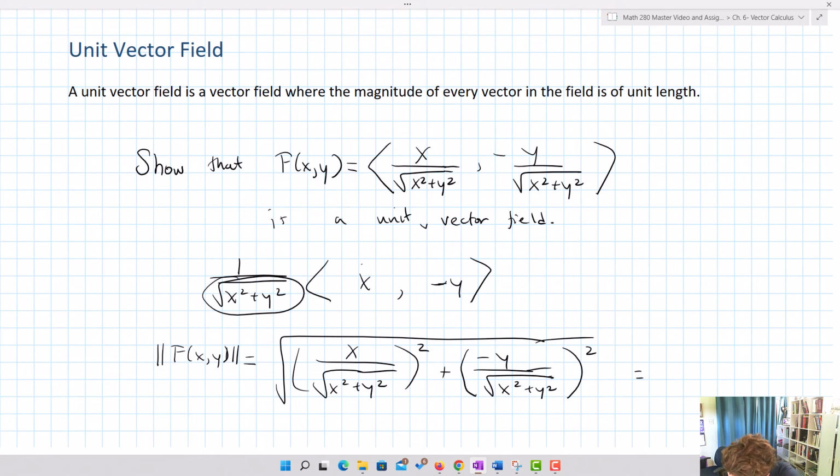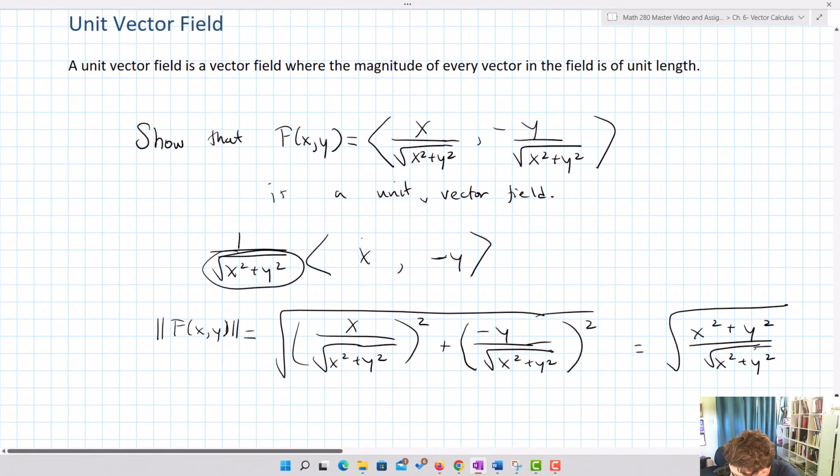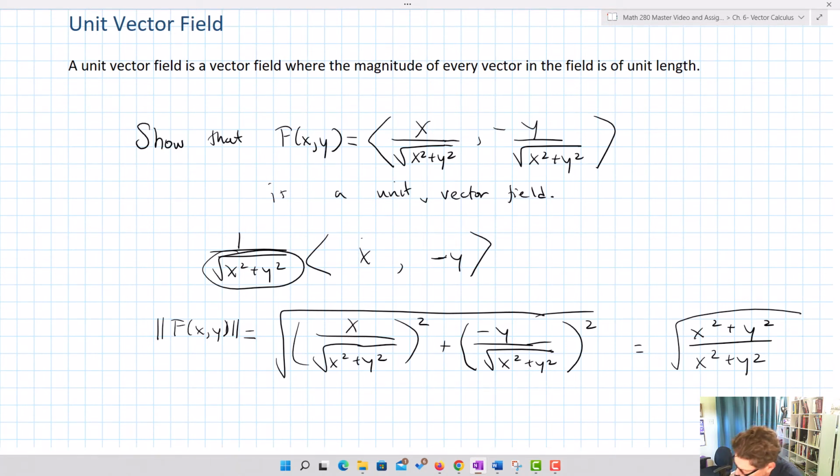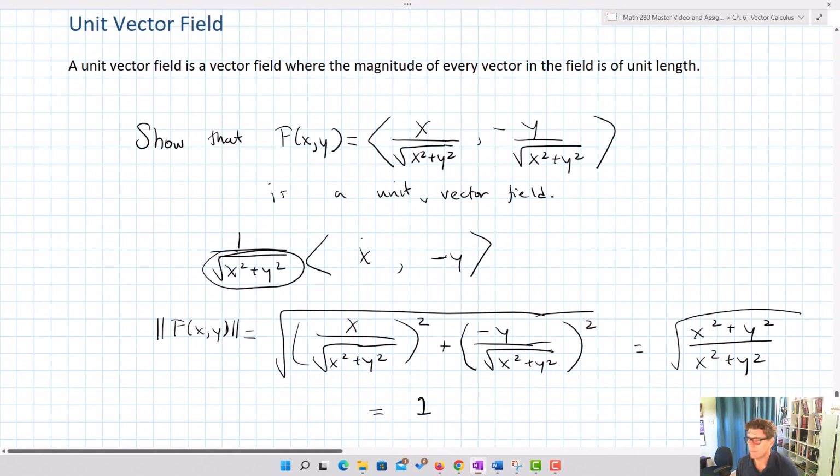And so what you'll see is you get x squared plus y squared over, because that's your common denominator, just x squared plus y squared. And since x squared and y squared are always positive, this ends up just equaling 1. So you can see that this is in fact a unit vector field.